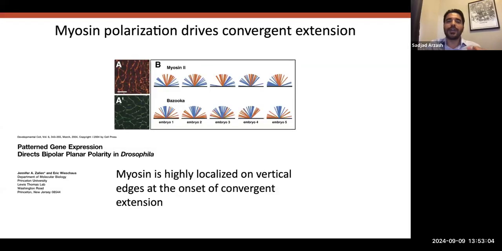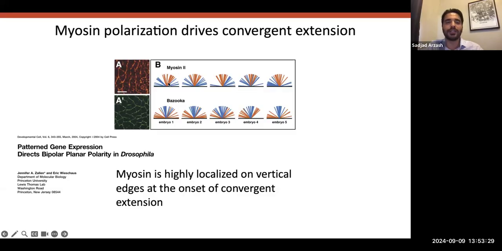And this kind of stripes of edge tensions is also consistent with the classic understanding of why we get this tissue flow in Drosophila, going back to this nice paper from 2004, showing the distribution of myosin.